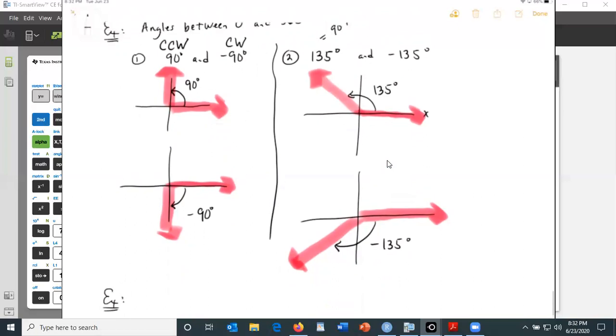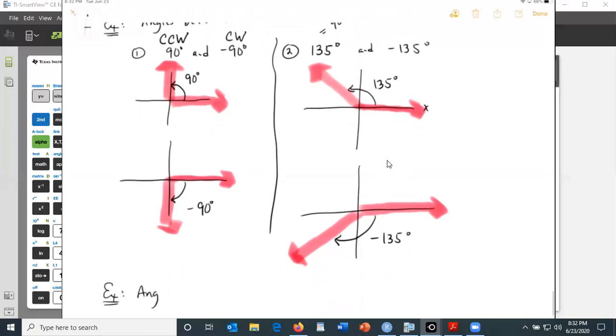All right, so for example, how about angles bigger than 360?